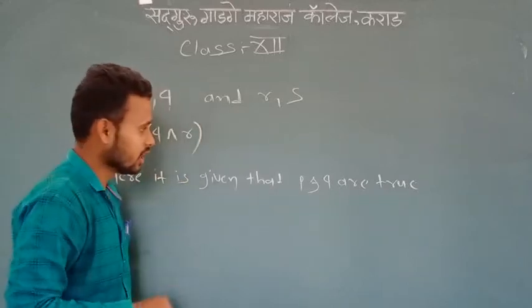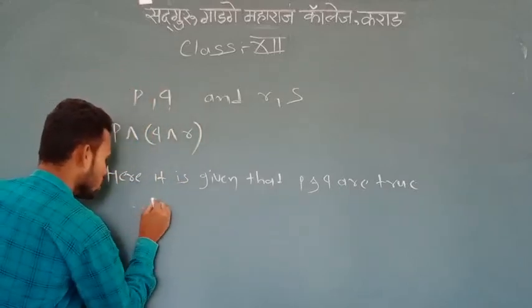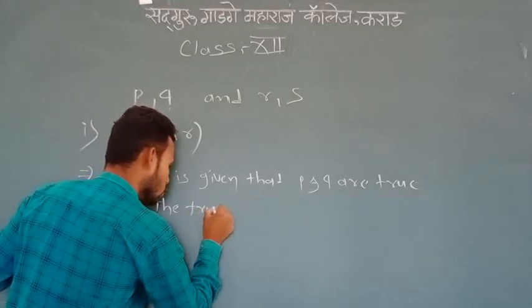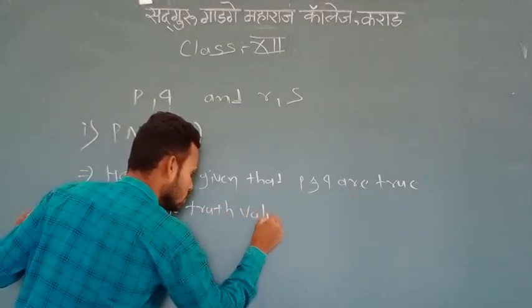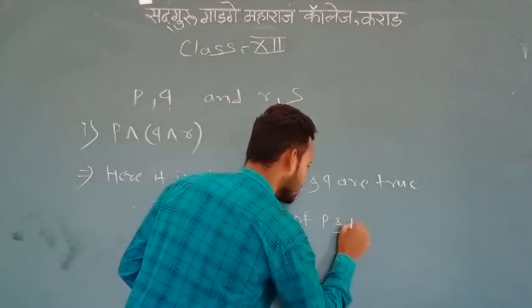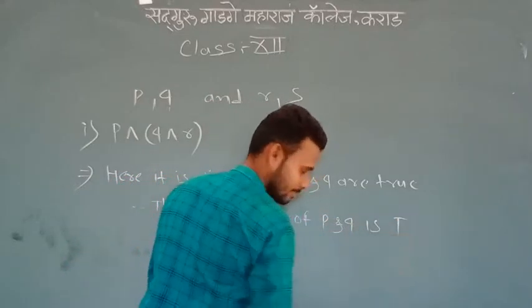Therefore we say that the truth value of p and q is T.